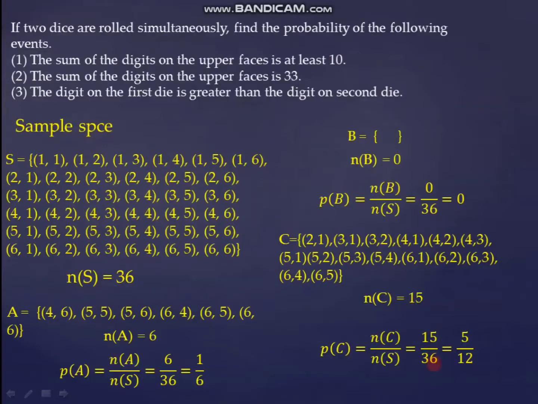We have 15 divided by 36. If we simplify this, we can divide both numbers by 3 to get the simplest form, 5 divided by 12. So this is the probability of the event that the digit on the first die is greater than the digit on the second die.